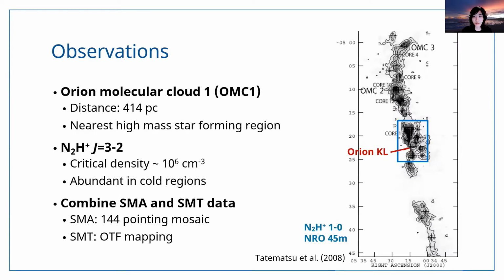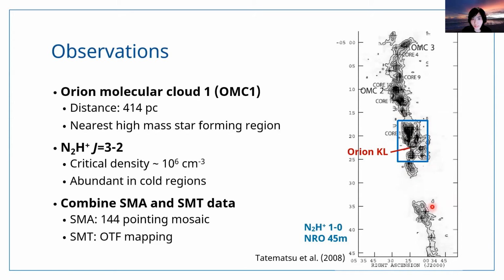We observe OMC1 in N2H+ 3-2 with the SMA and SMT. This figure here is the Orion Molecular Cloud observed in N2H+ 1-0 with the NRO 45-meter telescope, and the rectangle shows our observed region.